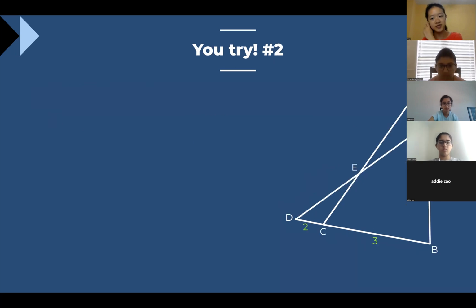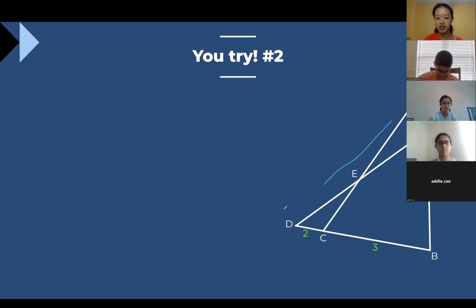Okay, here's another one. This is not exactly a full triangle, but you can still use mass point geometry because there are intersecting Cevians. In case you didn't know, this is a triangle. It's just that the side here is missing, so that's why it looks weird.